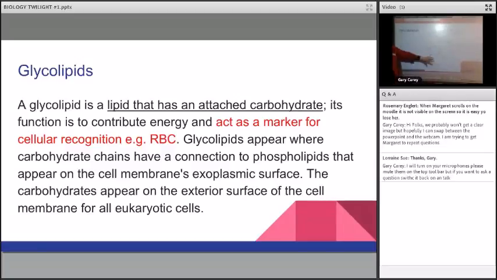So I've included that as a mind map for you, because that was new for me and I hadn't done that before.